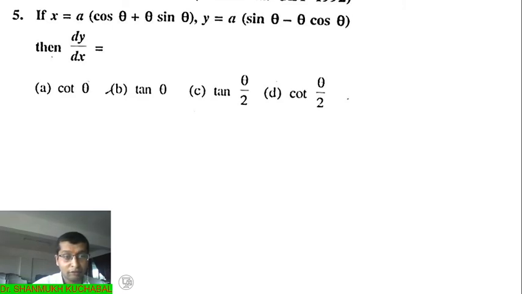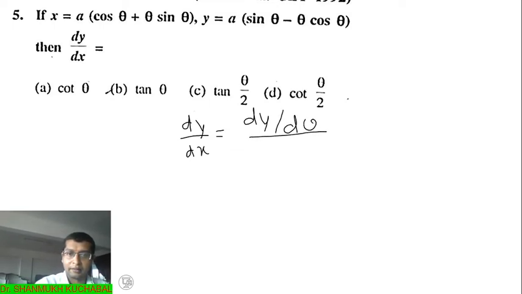If you take the ratio of that, we get the dy by dx solution. This is called parametric differentiation. So first we write this as dy by dx, equal to dy divided by d theta, whole divided by dx divided by d theta.